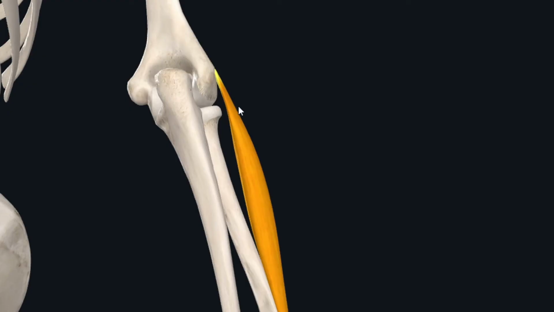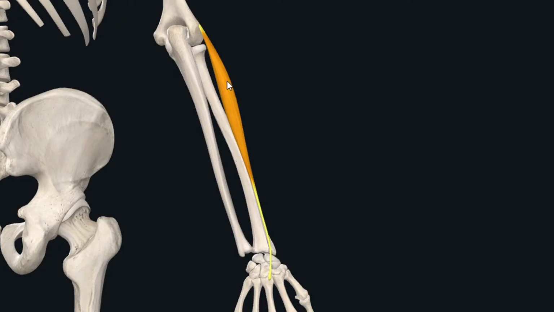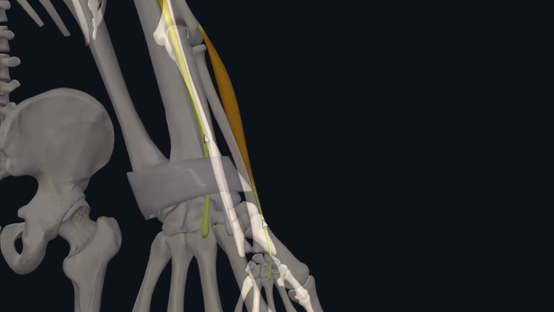Our first muscle of discussion is the extensor carpi radialis brevis muscle, which is a long, slender, fusiform skeletal muscle. This muscle originates through the common extensor tendon from the lateral epicondyle of the humerus. After origin, it runs inferiorly along the posterolateral aspect of the forearm and forms a flat tendon in the middle of the forearm.